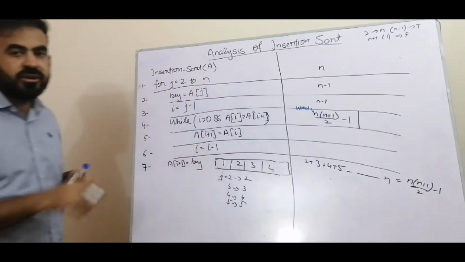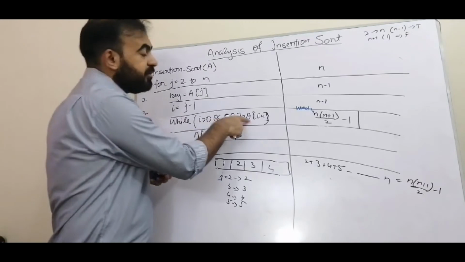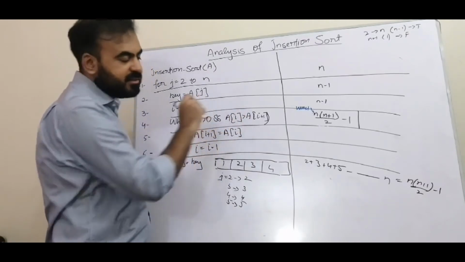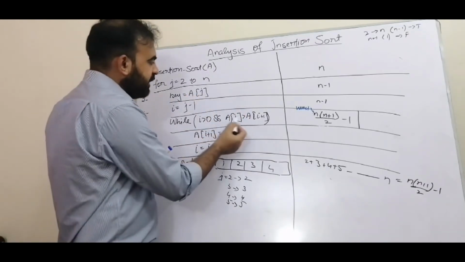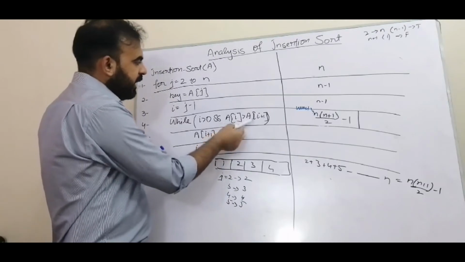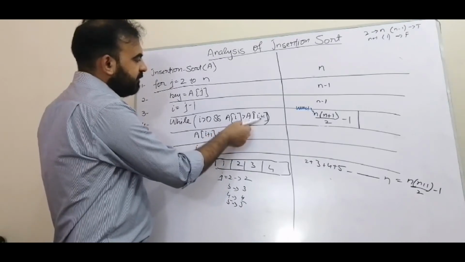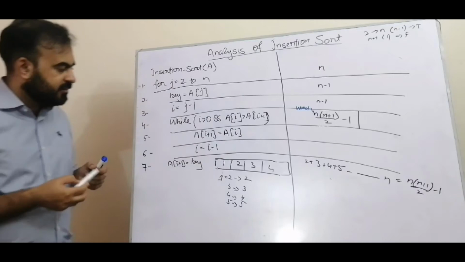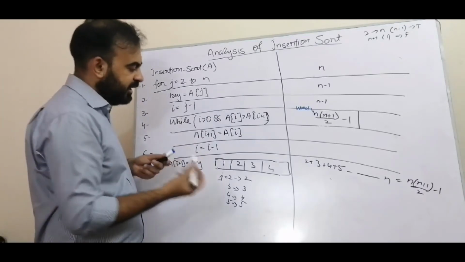If the data is already sorted in increasing order, every time this instruction will become false the very first time. Why? Because every time a of I plus 1 will not be less than a of I. So every time this instruction will execute only one time.